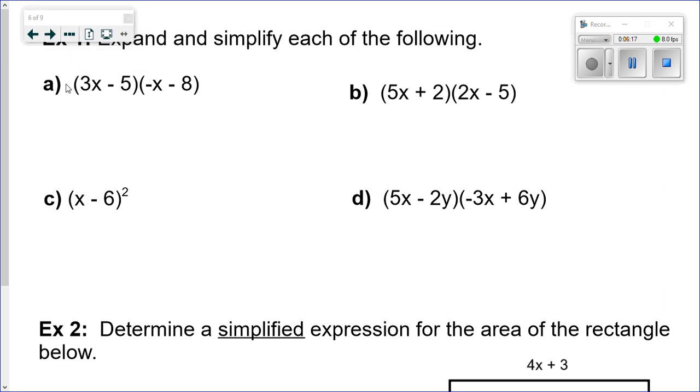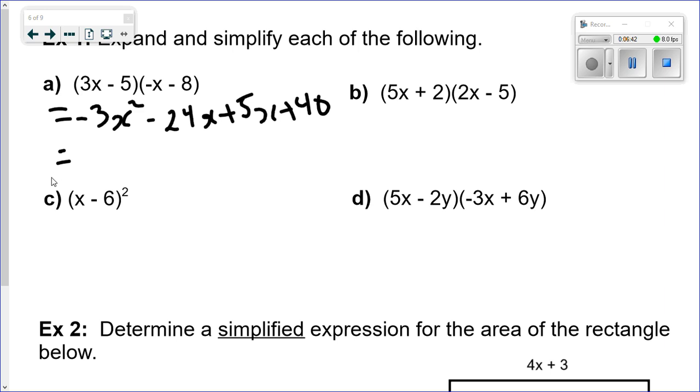And it doesn't matter what the values are. So this one we have a slightly more complicated 3x instead of just an x, but it doesn't make a difference. It's first term times the last term. So if we multiply it out, -3x squared minus 24x plus 5x plus 40, and then collect like terms. -24 plus 5 is -19x plus 40.